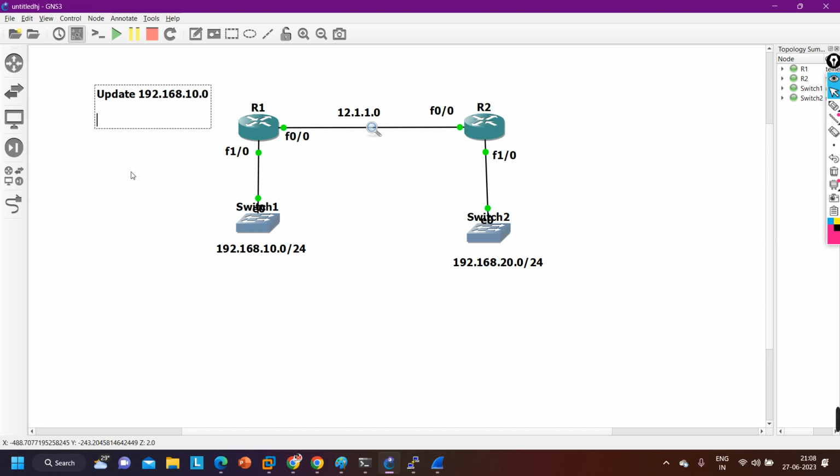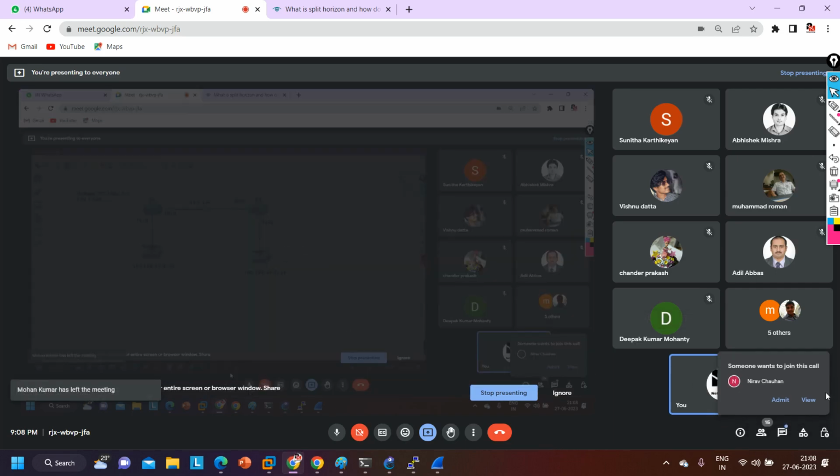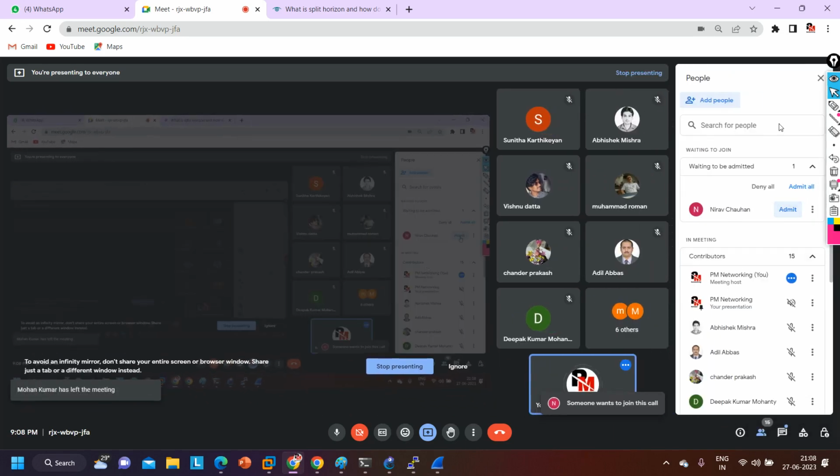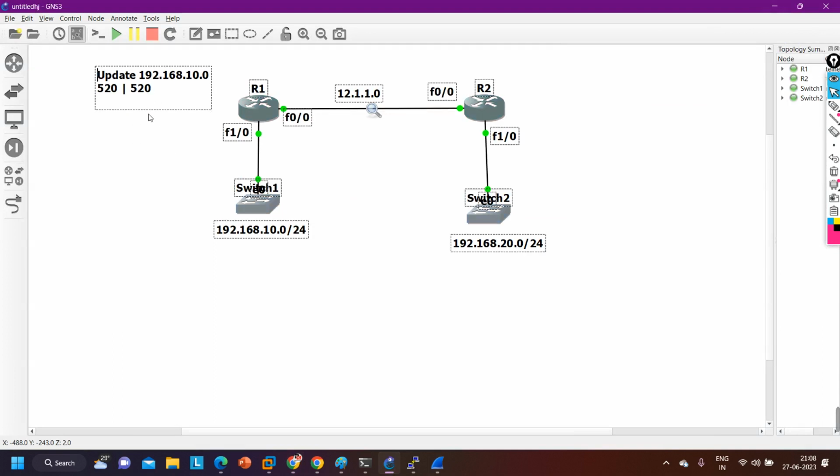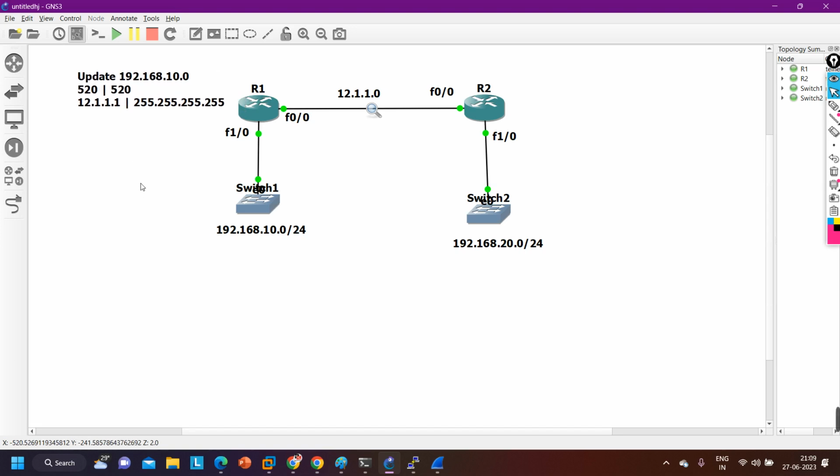Then it hands over to the lower layer, right? 520 will be the source port and 520 will be the destination port. Source IP will be 12.1.1.1 and destination IP will be 255.255.255.255. Source MAC will be the MAC address of the exit interface and destination MAC will be broadcast.